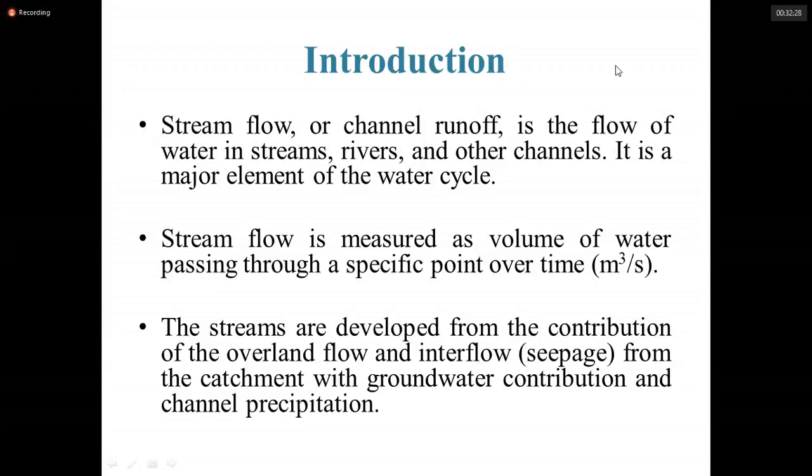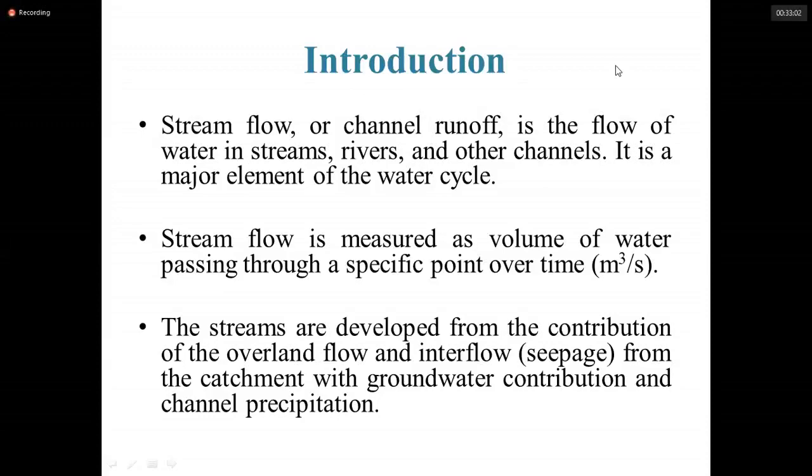In our country, mostly in the northern part, the people get water from wells. So this well water is used for their drinking and irrigation purposes. But in the southern part, mostly the people use river and stream water for their drinking and also for irrigation.